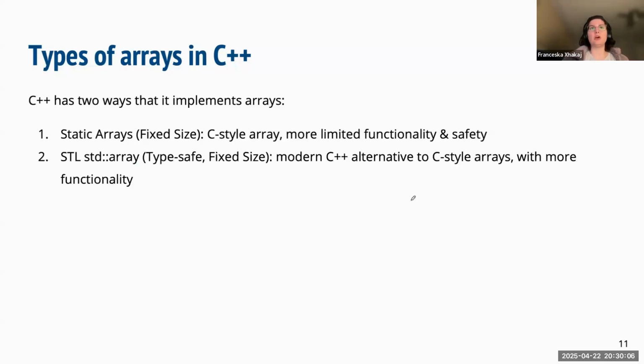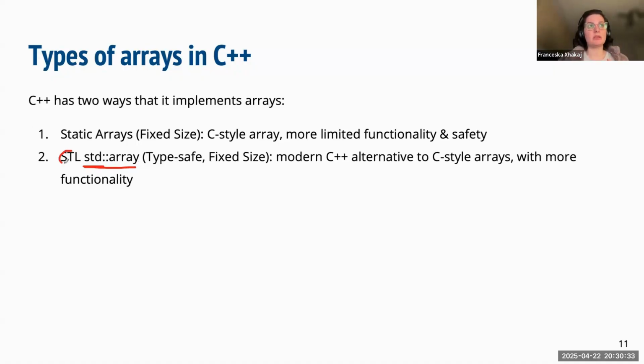To introduce a lot of safety, functionality, and flexibility, C++ has the standard library. In the standard library, there is an std::array type of array implementation, which is fixed in size, but it's type safe and has a lot of added functionality. We're going to see both of them.